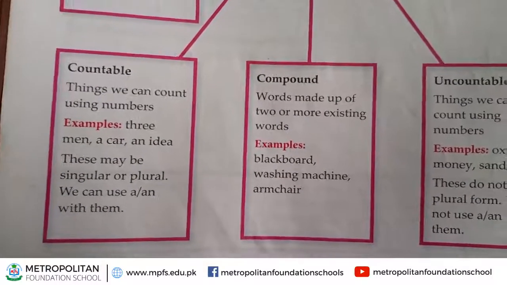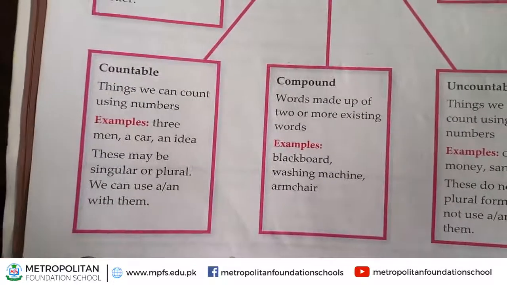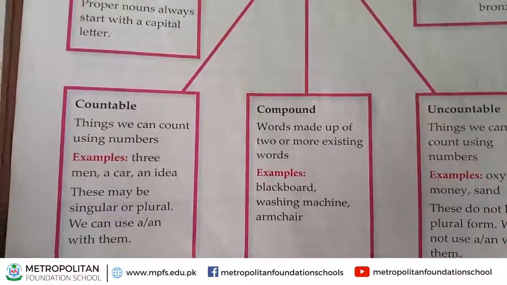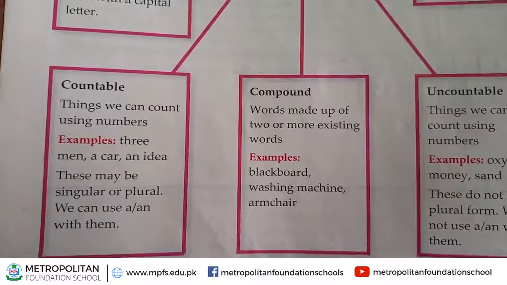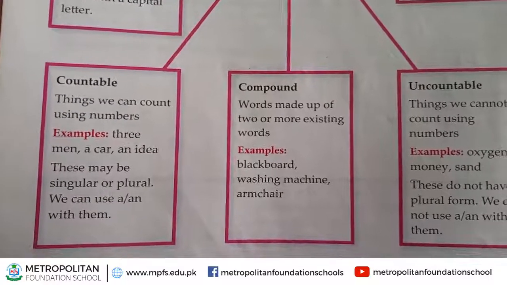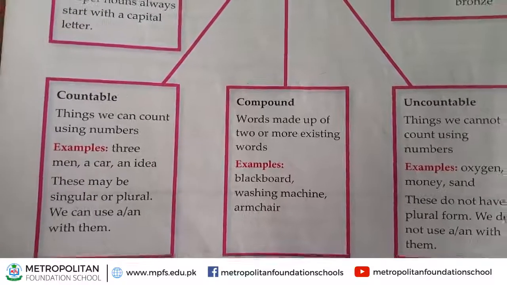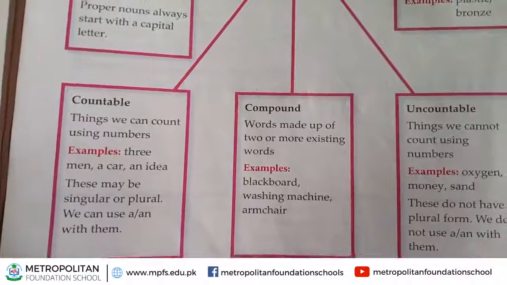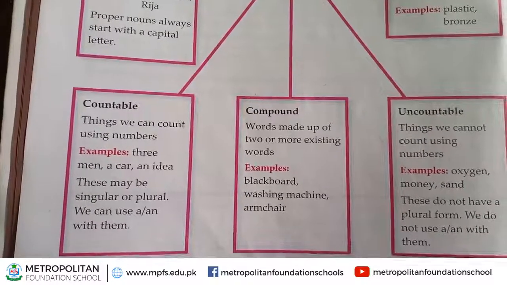We also talk about words which are gathered from two words into one, so that's also called a compound word or compound noun. Like blackboard, washing machine, armchair. They are made up of many words, to show the compound.